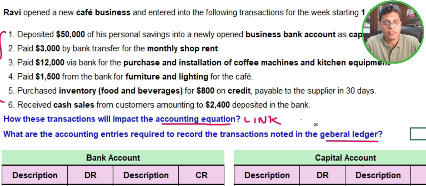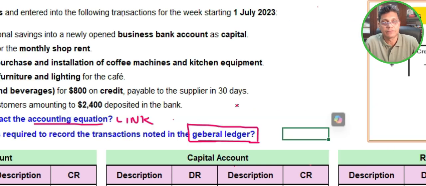Now when you talk about the general ledger, the general ledger is where we maintain T accounts. The left side is known as debit and the right side is known as credit. These transactions are recorded in these T accounts based on a principle called the double entry accounting system.